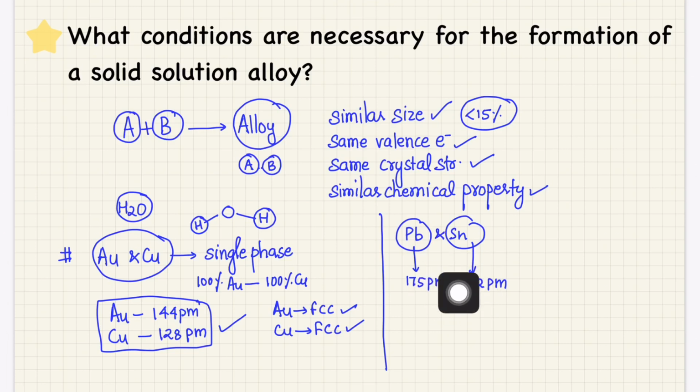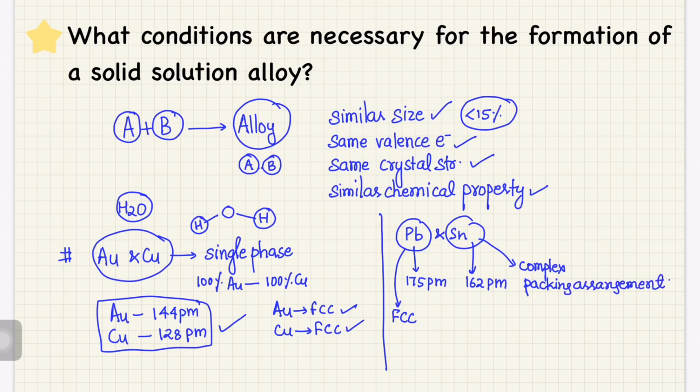But the problem is, lead has an FCC crystal structure, whereas tin has a complex packing arrangement. So the crystal structures are not the same here. Due to that reason, the solubility of tin into lead is not very high.